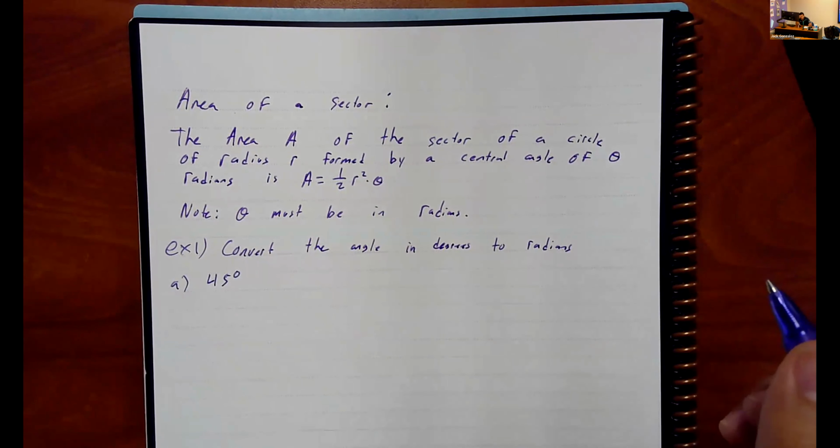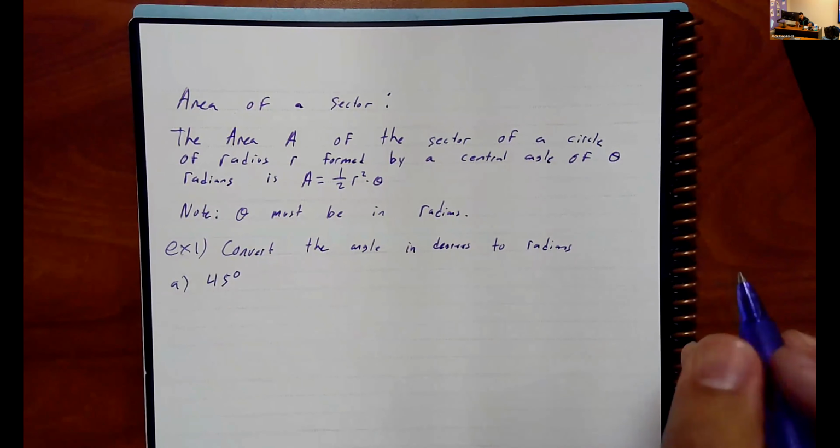So what you do, remember I said use the conversion factor, take the 45 and multiply by pi over 180. This will cancel the degrees.